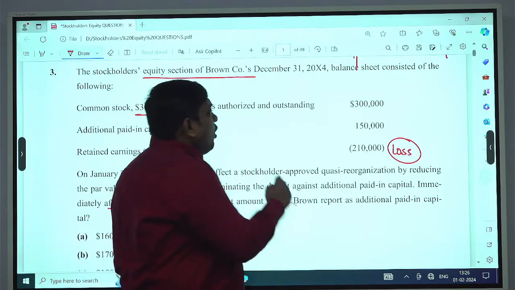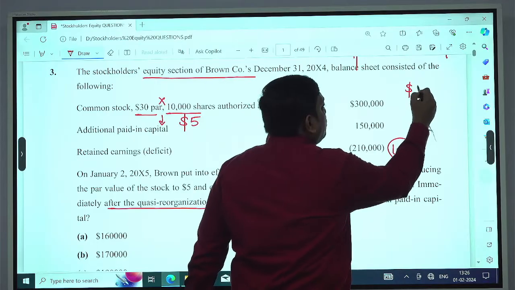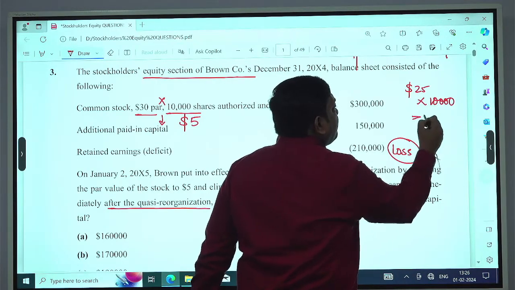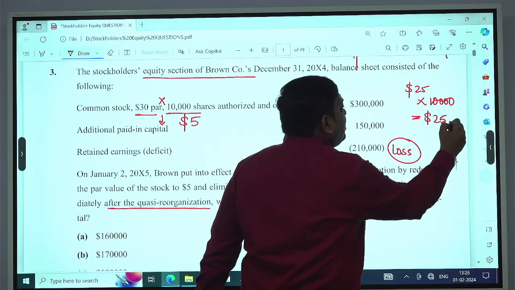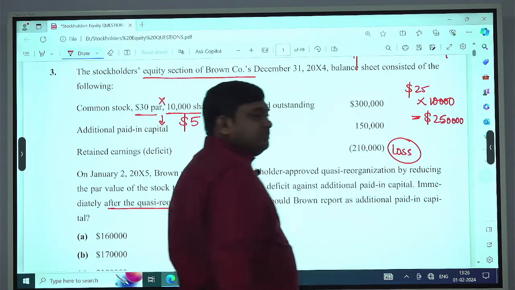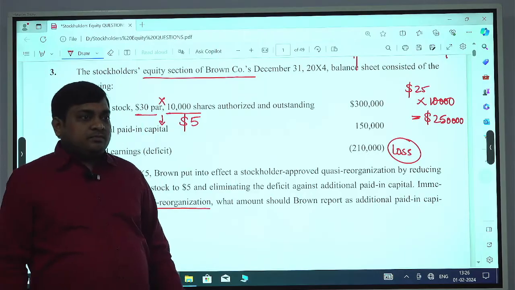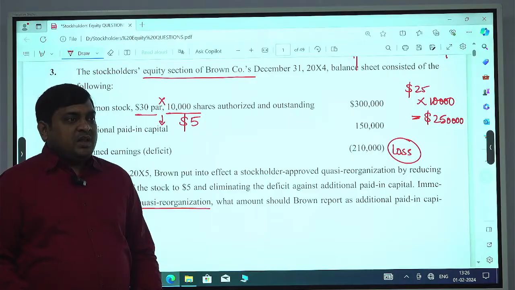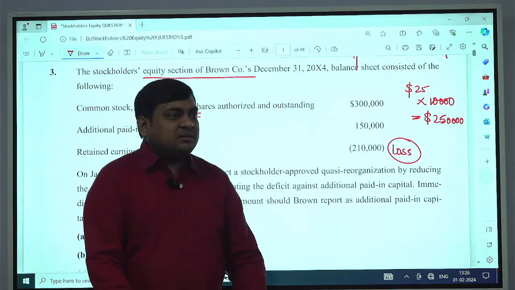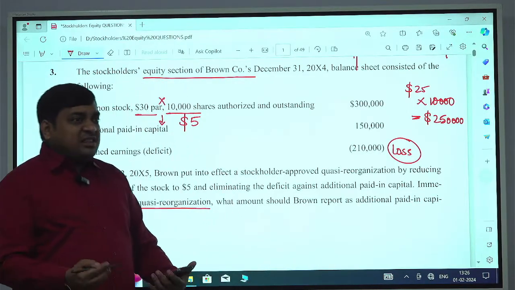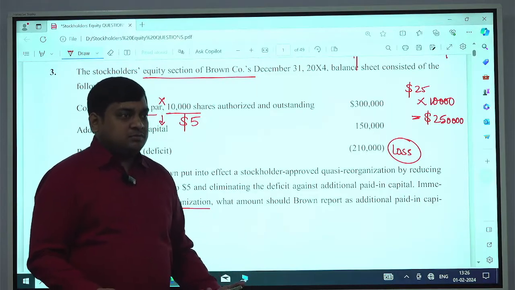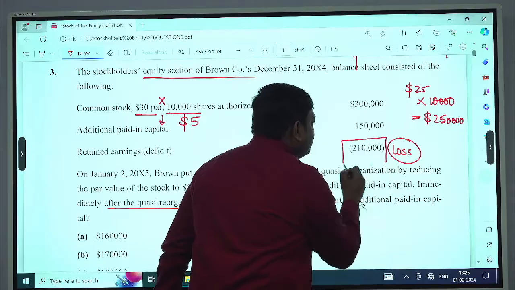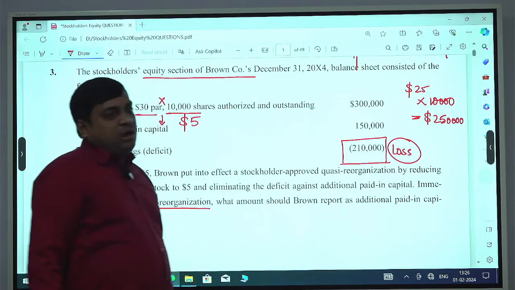So as a result, what will happen? $25 into 10,000. My equity will reduce by 2,50,000. Now, equity is ultimately a liability for the company. If equity is getting reduced by 2,50,000, there is a profit in the books. That profit will be used to mitigate or to eliminate this particular loss.